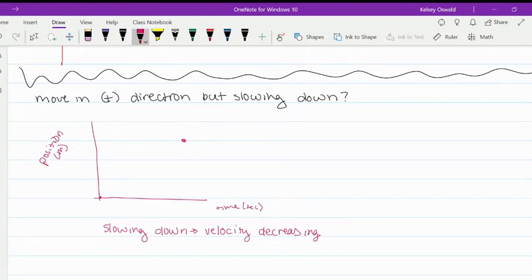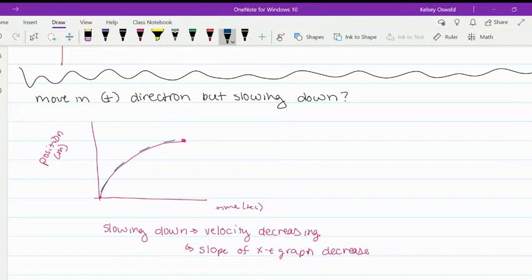So if we want our velocity to decrease, that means we need the slope of our position time graph to also decrease, or get less steep. So when we draw our curve here, we're going to draw it so that our slope gets less and less steep as time goes on. So it's flattening out that curve.